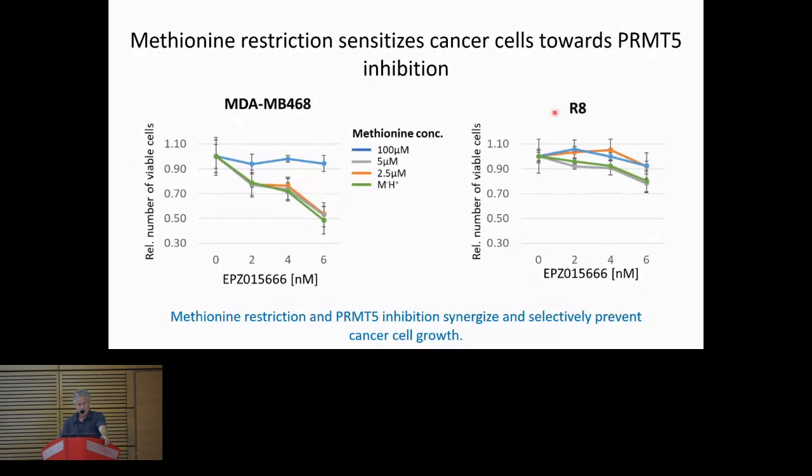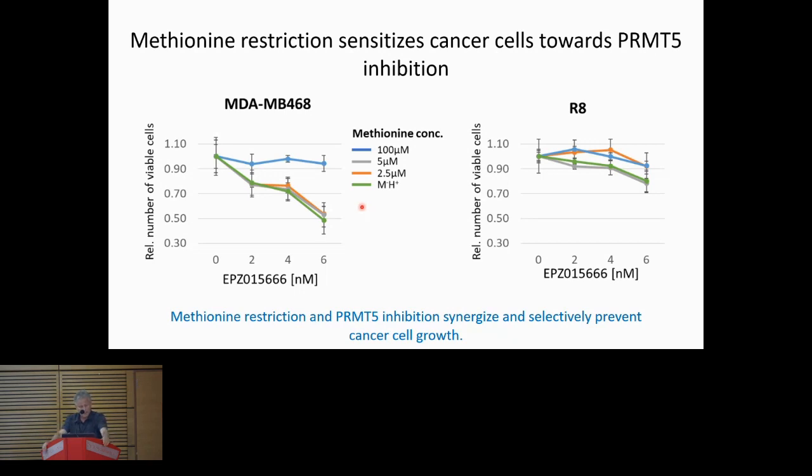And basically, what we can show here is that the methionine restriction and PRMT5 inhibition synergize. They work within the same pathway, and they can selectively inhibit cancer cells over the methionine stress resistant or normal cell line. So that's pretty much the story I was going to tell you in terms of the summary.